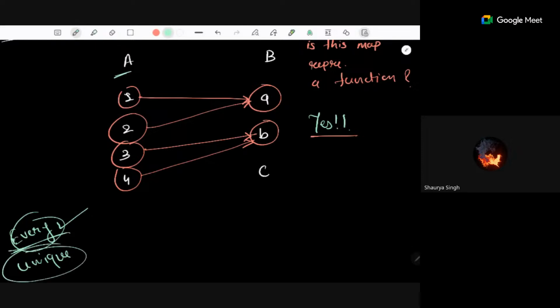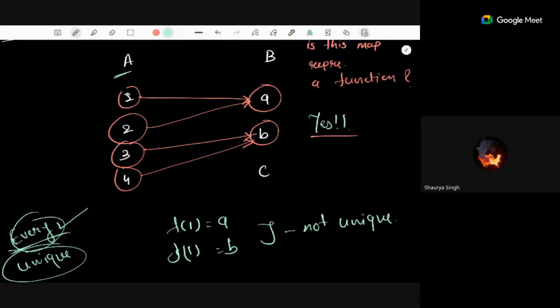Now, the second thing is unique. Unique means that one element should go to one output. For example, if I say that f of 1 is also a and f of 1 is also b, this is not unique. Uniqueness should be related to the output. If you take one input, that one input relates to one output, right?